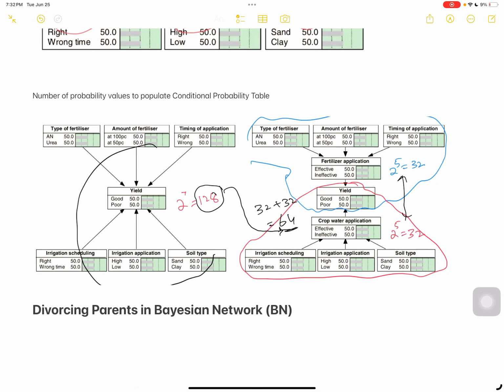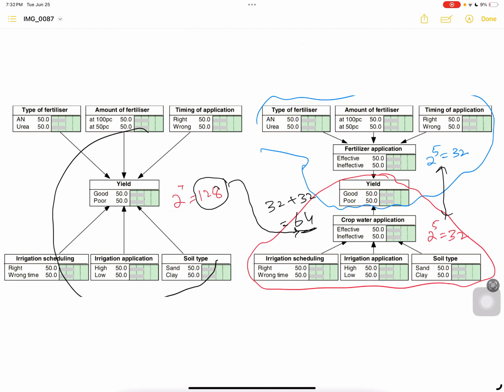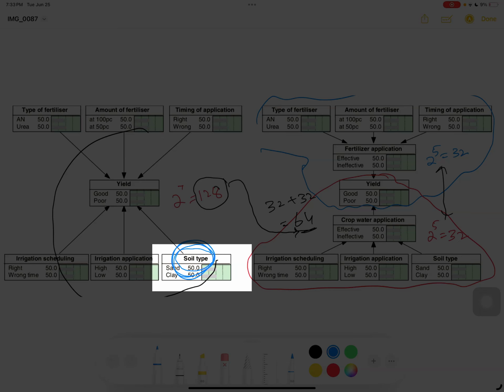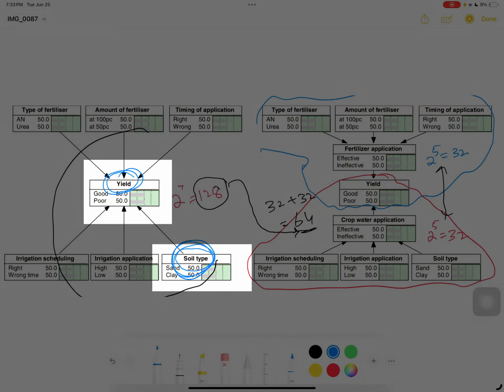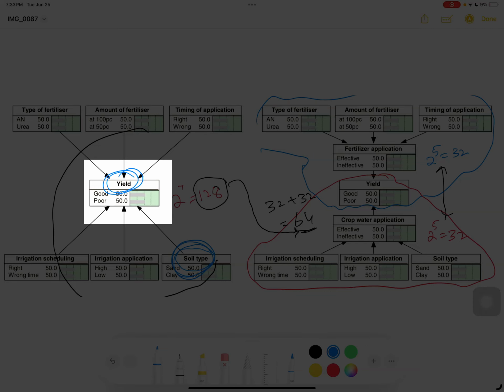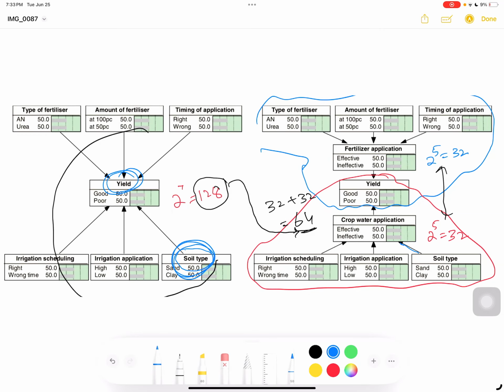Again, there are some limitations in this approach. For example, sometimes variables are very critical to our main variable. Let's say the soil type here is very critical to the yield. In that case, we cannot use an intermediate node to connect it with the yield.